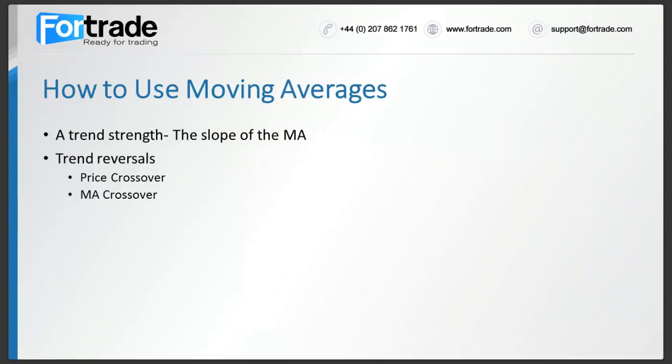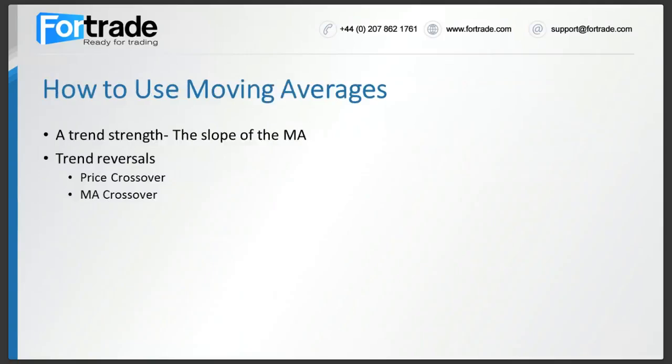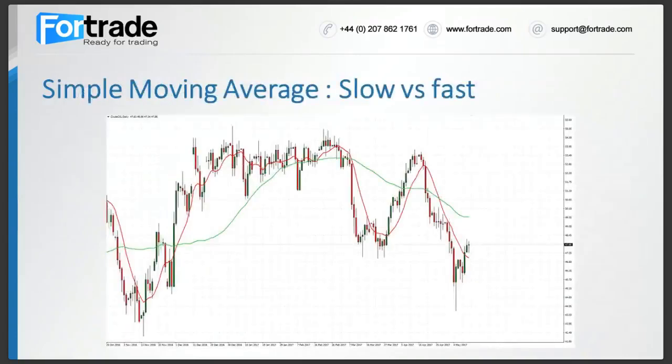Many technical analysts often look at multiple moving averages when forming their view of long-term trends. When a short-term moving average is above a long-term moving average, and for this, I think that we should go here, and it will be much more clear to see. So here we have a longer-term moving average, which is a green line, and a faster or shorter-term moving average, which is a red line.